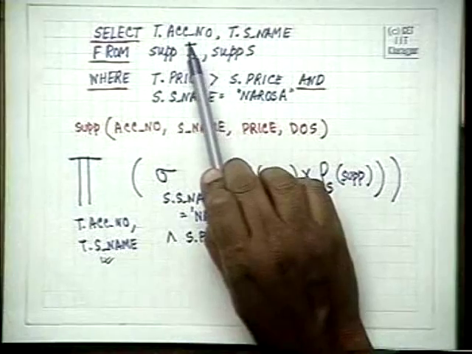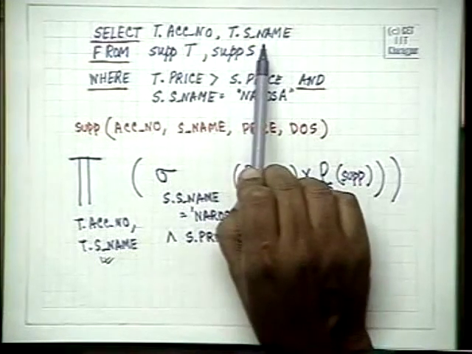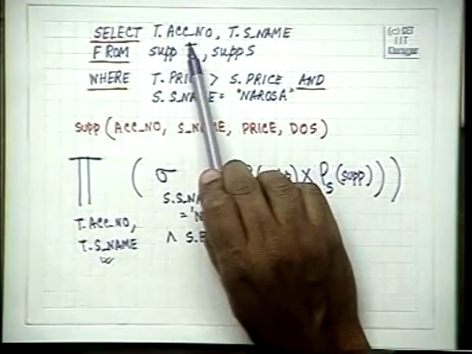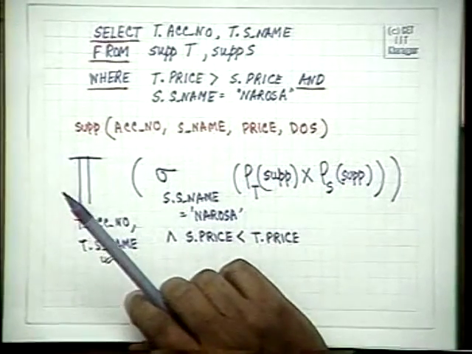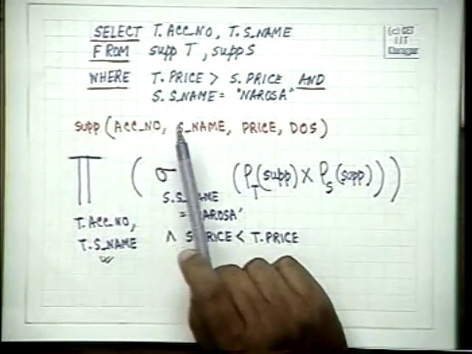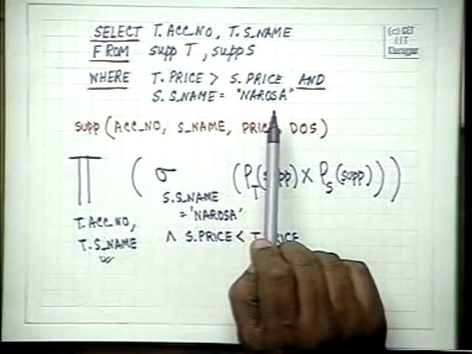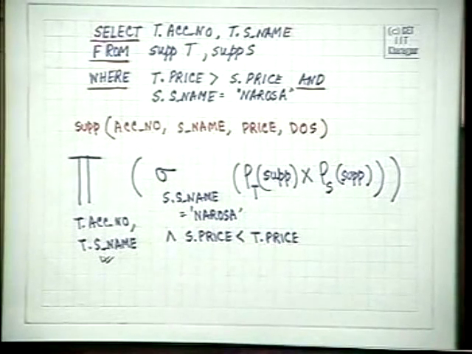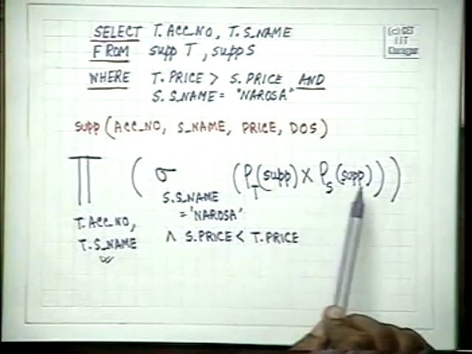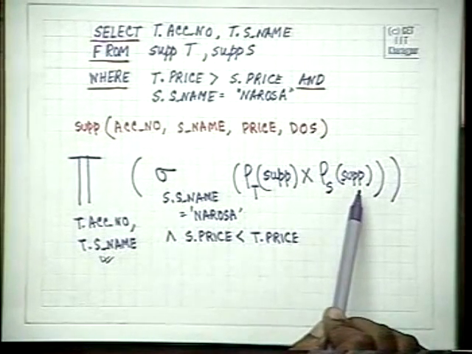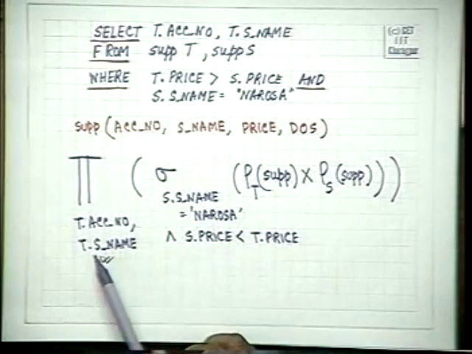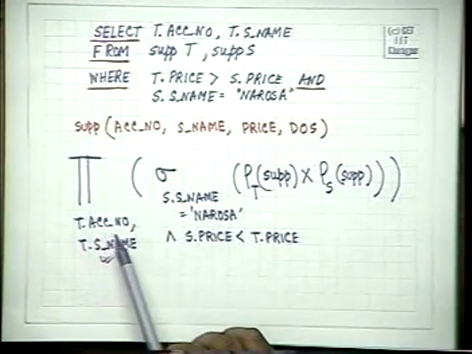I repeat, find out the supplier name and accession number of those books which cost more than the price of at least one book supplied by Narosa. If there is one book supplied by Narosa whose price is less than T.price in the Cartesian product of these two, then that name will be taken out and the accession number of that book will be taken out.